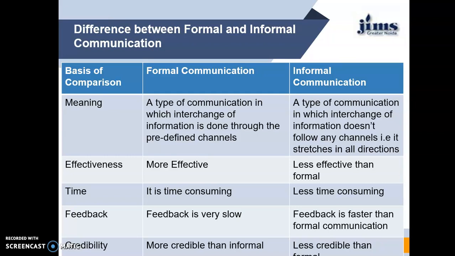The basis of comparison, first one is the meaning. As I have told in the previous slide, formal communication is a type of communication in which interchange of information is done through the predefined channels, whereas informal communication is a type of communication in which interchange of information does not follow any channel, and it stretches in all directions.